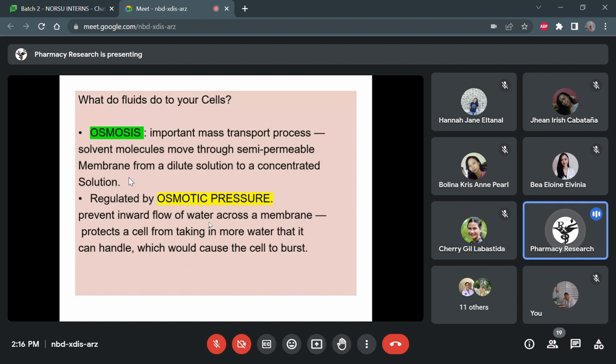It protects a cell from taking in more water than it can handle, which would cause the cell to burst. Osmotic pressure is needed so that the cell neither shrinks nor swells. It is the minimum amount that prevents flow, so there is an equilibrium in the cell and not too much enters the cell. So osmotic pressure is important.